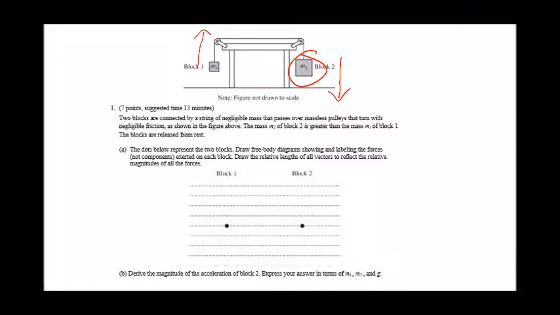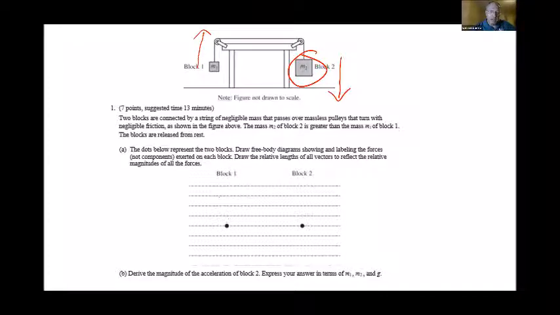Force of tension going up. Yep. And then force of weight, or mg, going down. There you go. In this case, which one of those is going to be larger? In this case, force of tension is going to be larger for block 1, right, because we know that block's going to be moving up.